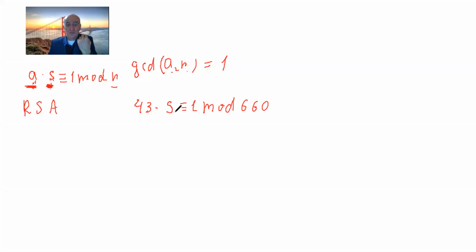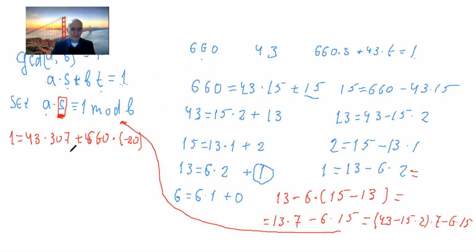So when we need to find such S, first of all, we should define, is it possible or not? And in this case, it's possible because 43 and 360 are relatively prime. And how to find it? We can see here that it's represented.